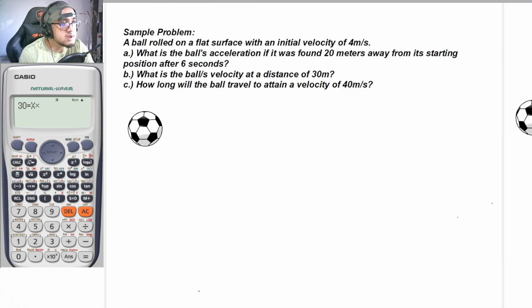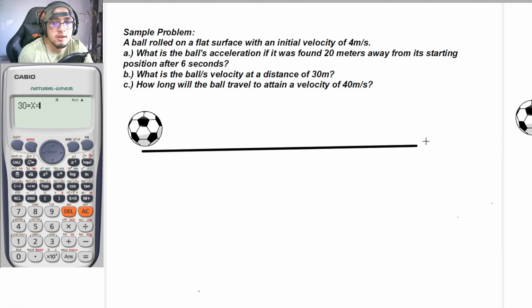For our first problem, it is said here that a ball rolled on a flat surface with an initial velocity of 4 meters per second. For the first sub-question, what is the ball's acceleration if it was found 20 meters away from its starting position after 6 seconds? To better visualize the problem, I will draw the figure here. Suppose that this is your ball, and let's say that it is traveling along this line.